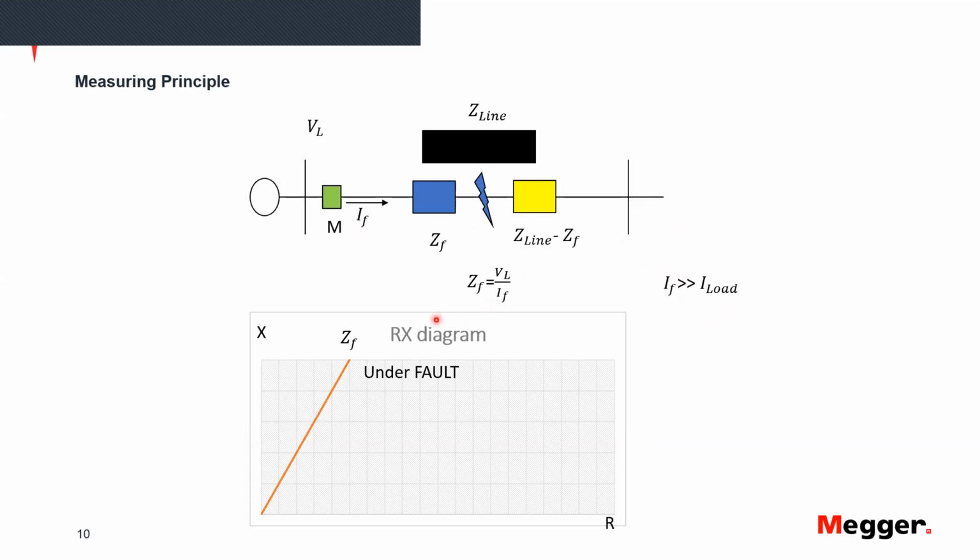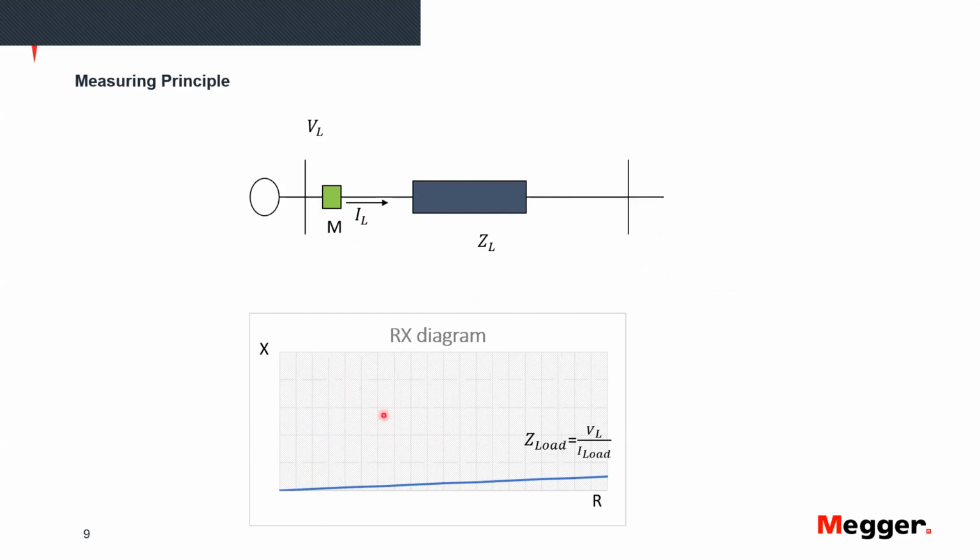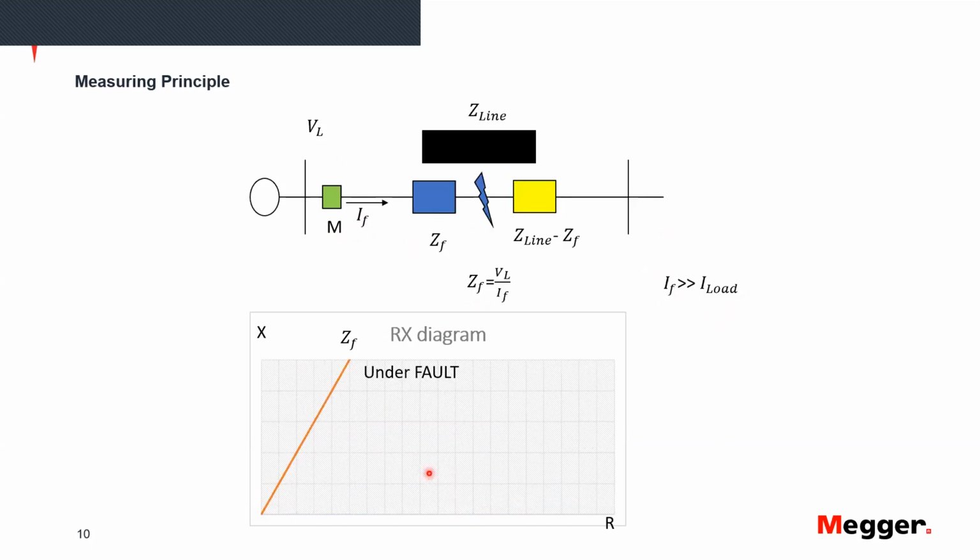Then what happens is that at the moment of the fault, the apparent impedance as measured here at M is going to jump. It's going to go from where it was before down here to where it is now, and it's going to become mostly reactive.